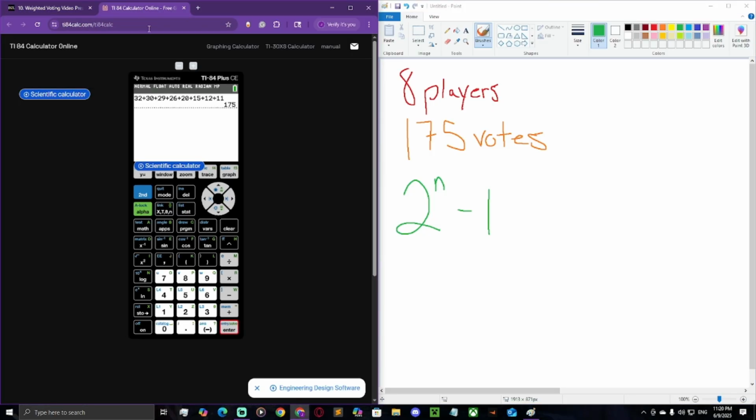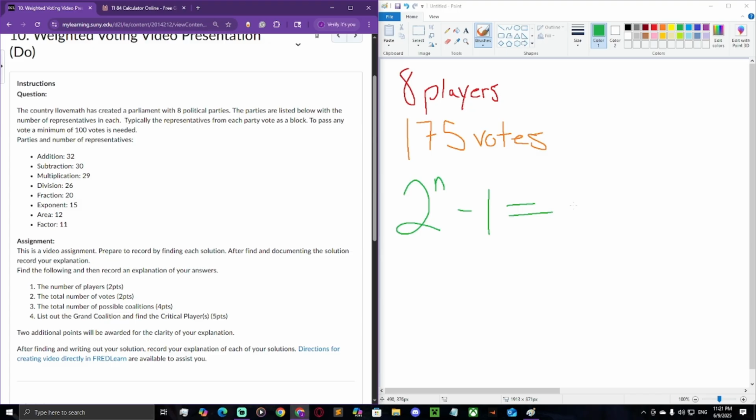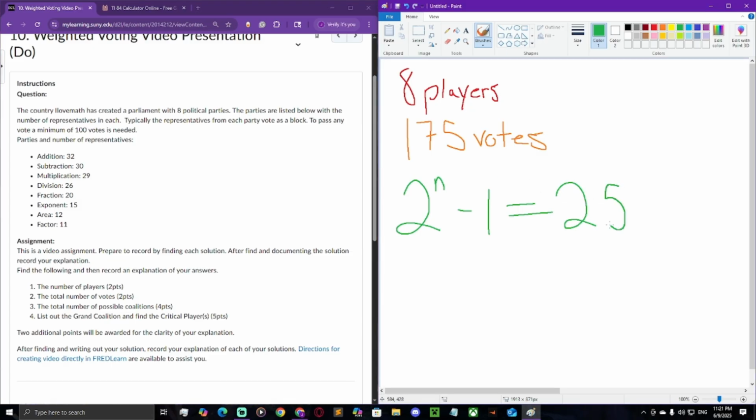So then we go back to our calculator, and we type 2 to the power of 8, because we have 8 players, minus 1 to remove those empty groups, and we have 255 total possible coalitions.